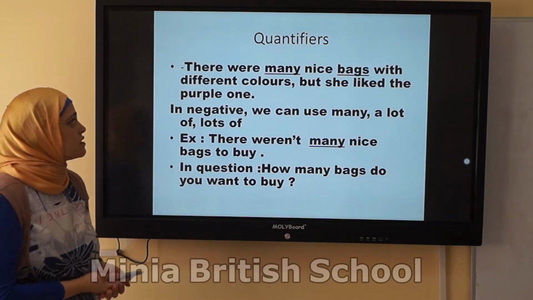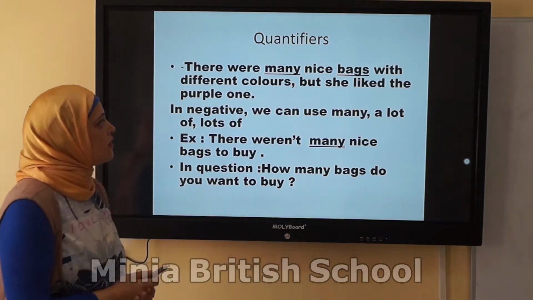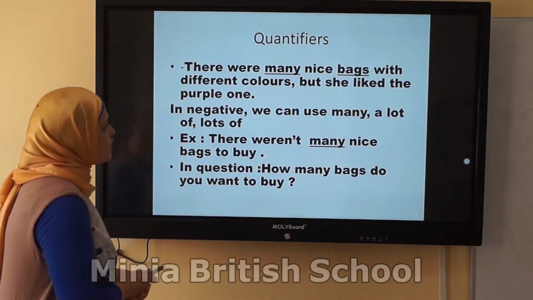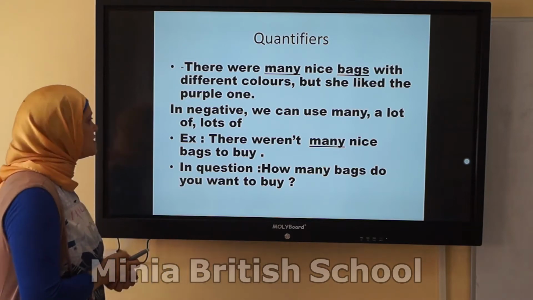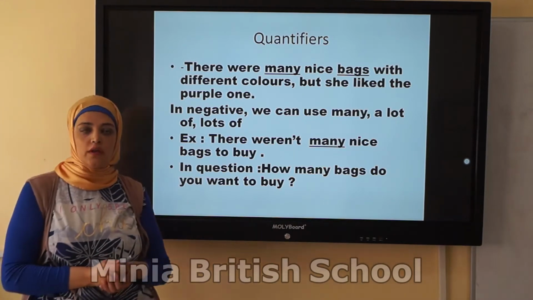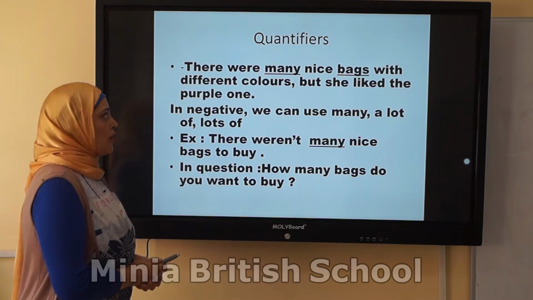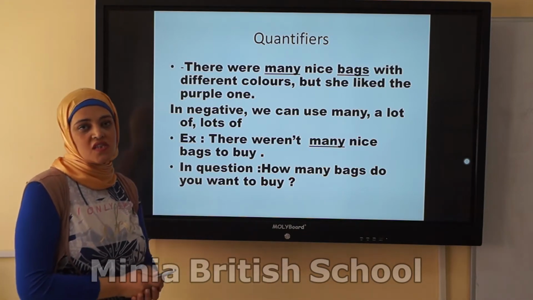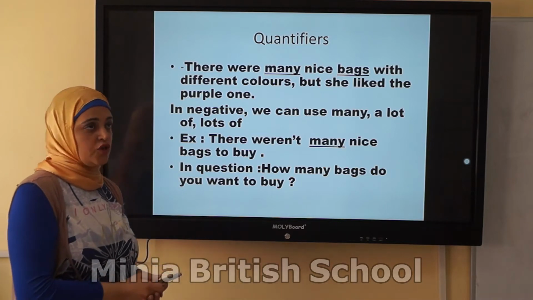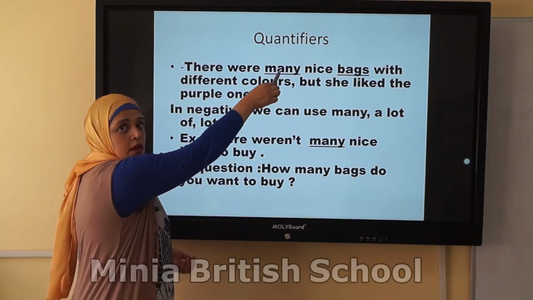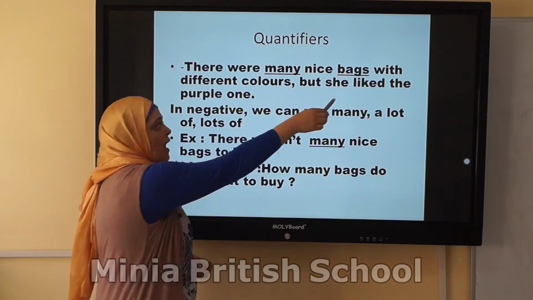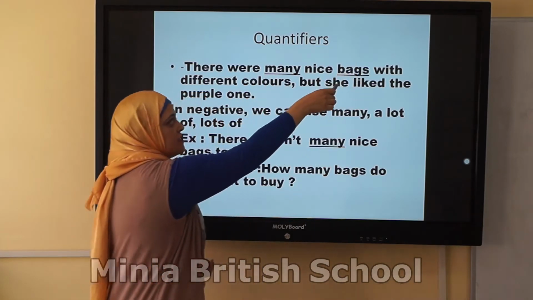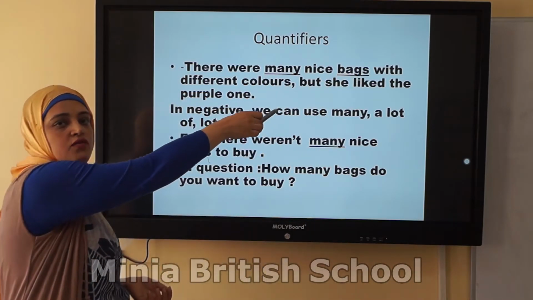Here we have an example. There were many nice bags with different colors, but she liked the purple one. Which quantifier did we use in this sentence? We used many. And is the noun countable or uncountable?